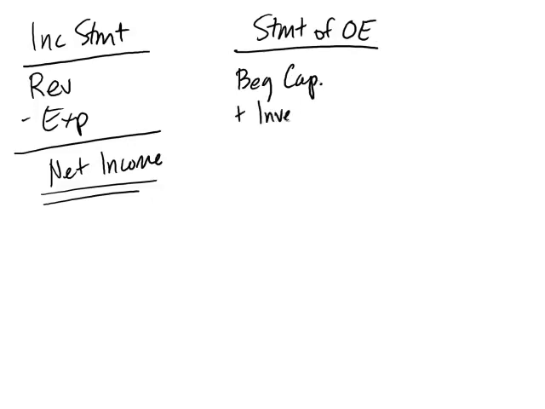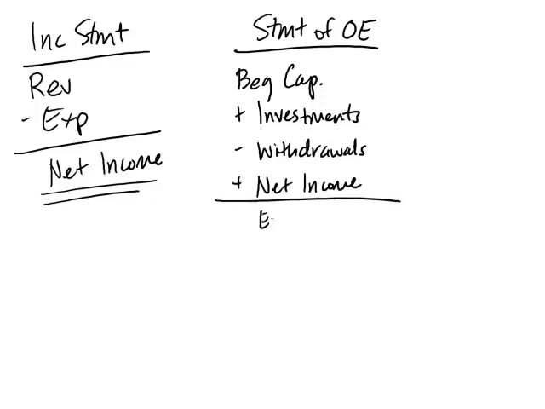Add investments. He had a $25,000 investment. Subtract withdrawals. He had a $2,000 withdrawal. And add net income. And that's going to give us ending capital, which should be the $26,050. That was his ending on our little spreadsheet.